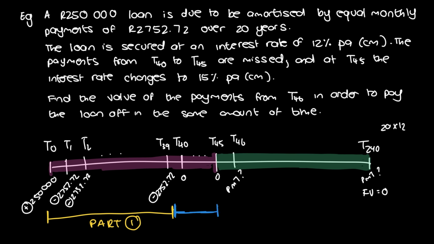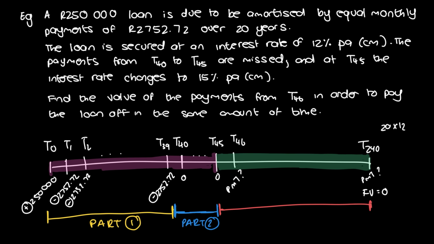So it's building interest. We're not making any payments. So our PMT is equal to 0. So that's going to be part 2. Then, luckily for us, we can see, firstly, the interest rate stays the same from T45 onwards. So we're just going to have a part 3, which occurs from T45 all the way to the end.